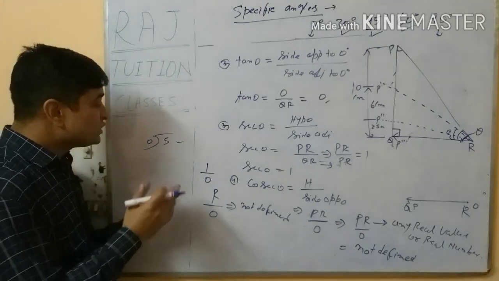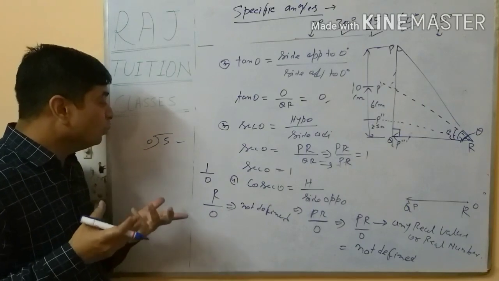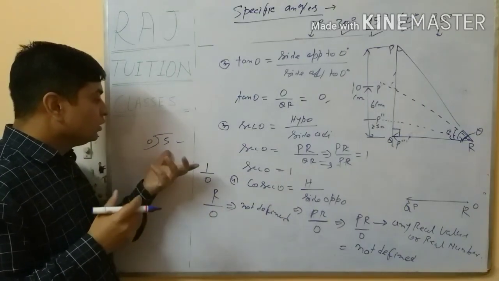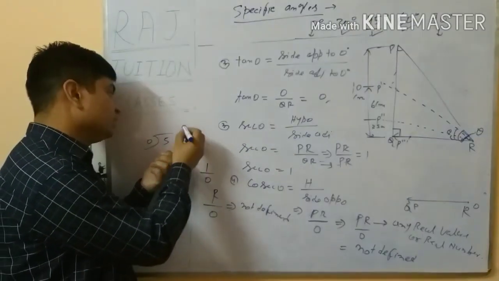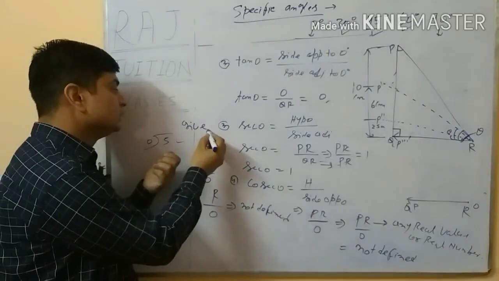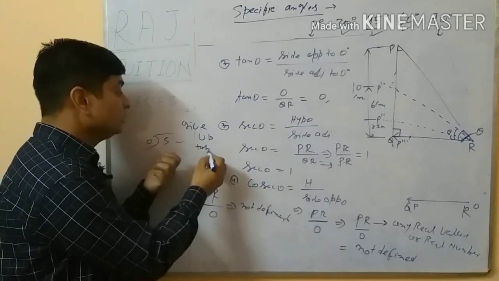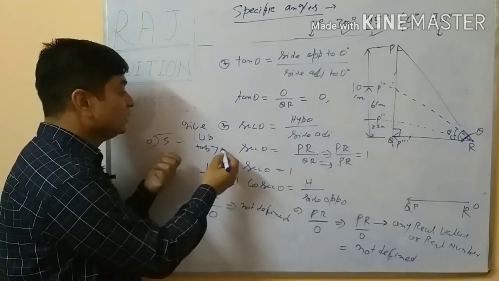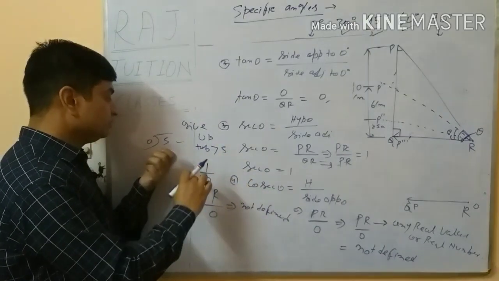I will try my best to reach nearest to 5, and I will give up my hope when the value of my table exceeds 5. When it becomes greater than 5, I will give up.